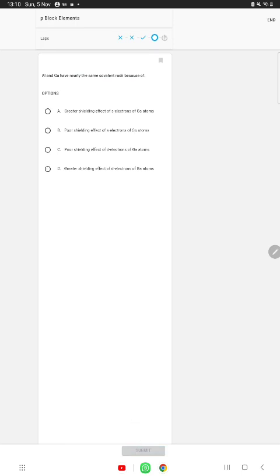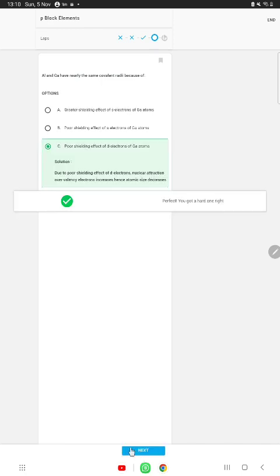Aluminium and gallium have nearly the same covalent radii due to the poor shielding effect of d electrons of gallium student. Option C, so this becomes the correct one due to poor shielding.